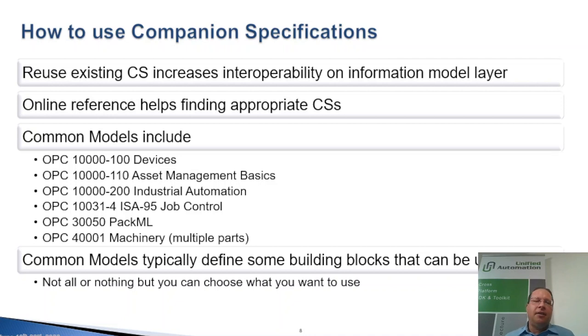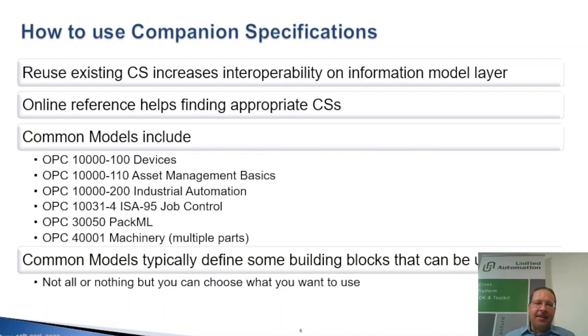How do I get a high-level status of the machine, which I can use for KPI calculations, doing result transfer, process values, and also job management based on the ISA 95 job control. So when you're in the area of machinery, you should definitely look at those specifications.